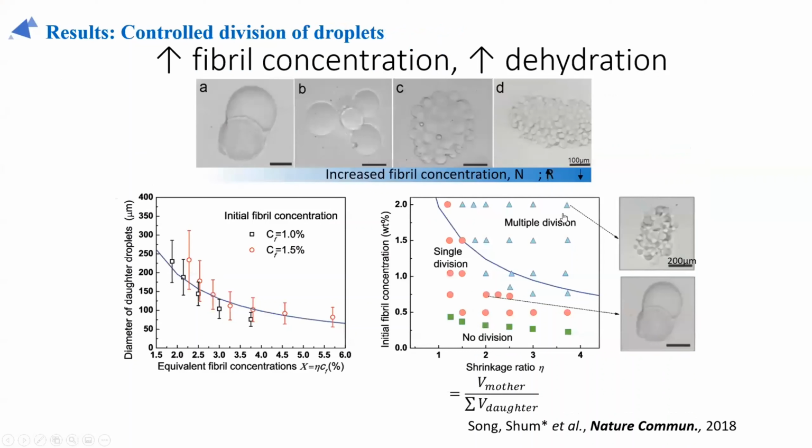As we suck water out of the droplet osmotically, we are exerting a force to the network inside the droplet. And as a result, because the network inside the droplet is connected also to the nanofibril network at the interface of the droplet, it's pulling the whole droplet and sucking the immiscible aqueous phase inside the network outwards.